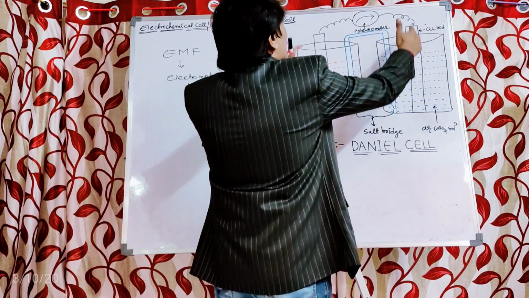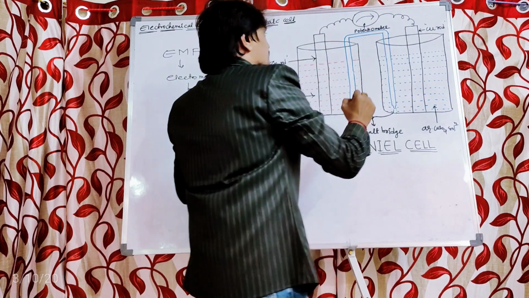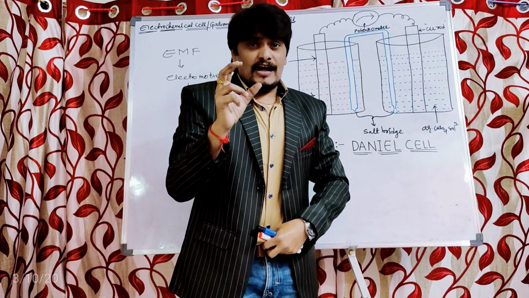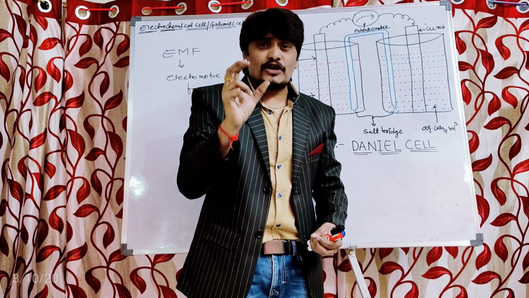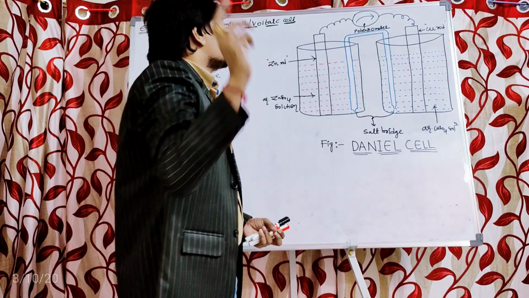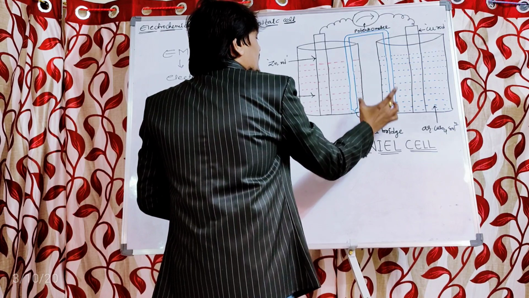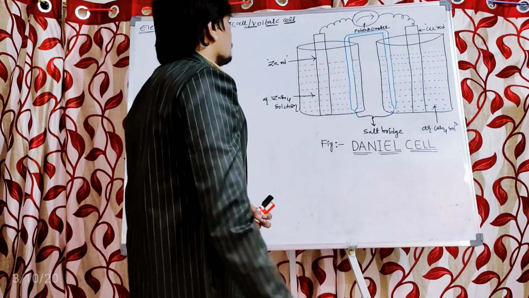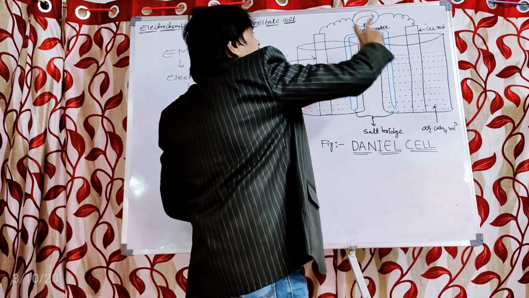The potentiometer is meant for detecting how much EMF is generated during the functioning of this Daniell cell. And internally both are connected with the help of the salt bridge. This is how the Daniell cell can be constructed.